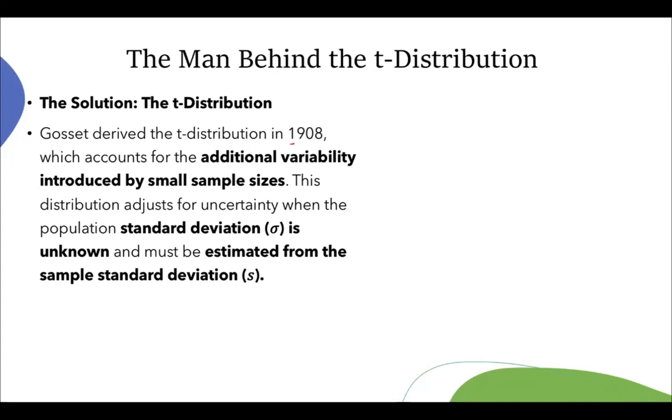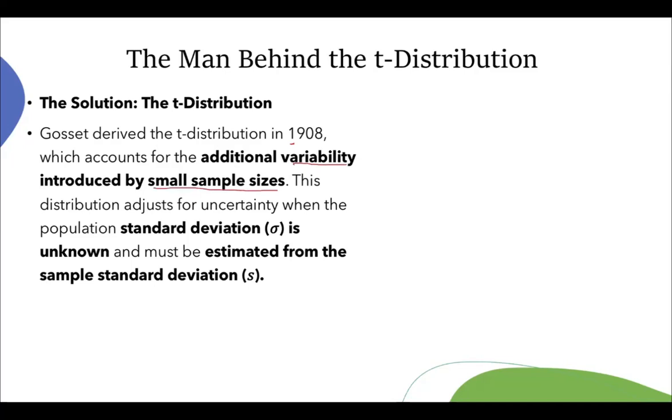Remember going back to our Desmos data visualization. When we sampled size 10, we had more variability than when n was 80. So we do have a lot of variability when we use small samples.